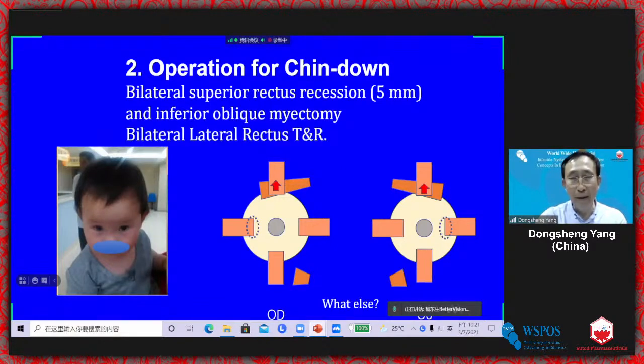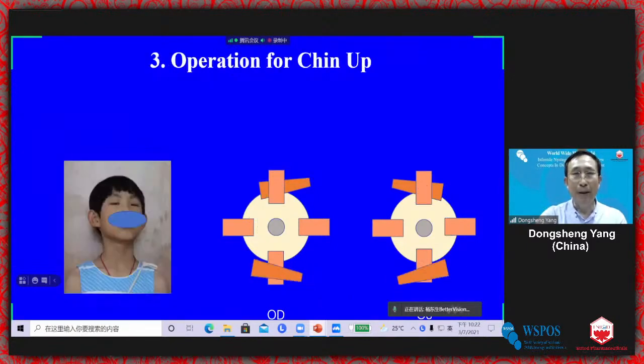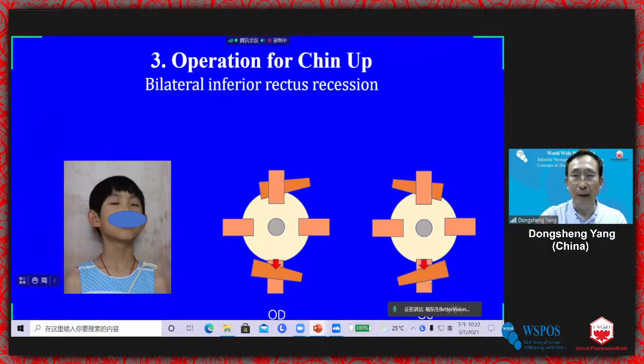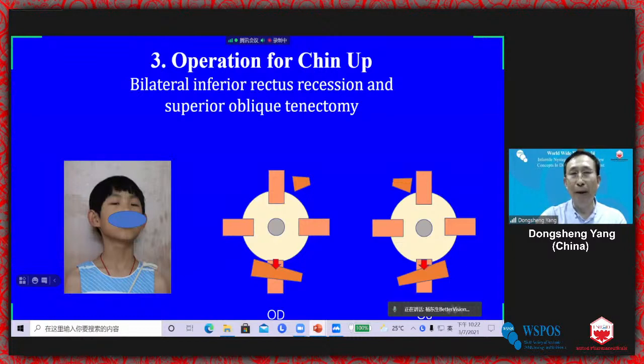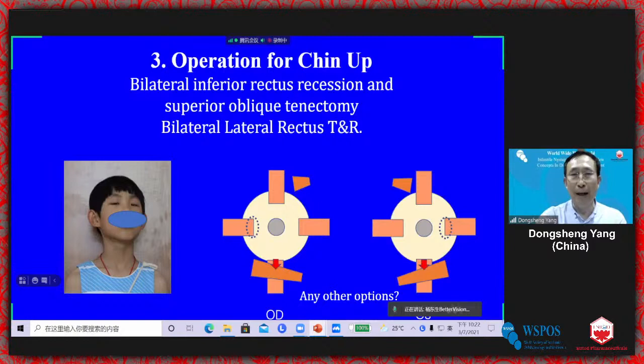And what else? Can we do horizontal recession for this case to change the head posture? The third one, for the chin up, as I indicated here, first is the bilateral inferior rectus recession, and then you do superior oblique tenectomy. And sometimes you do bilateral rectus tenotomy and reattachment.